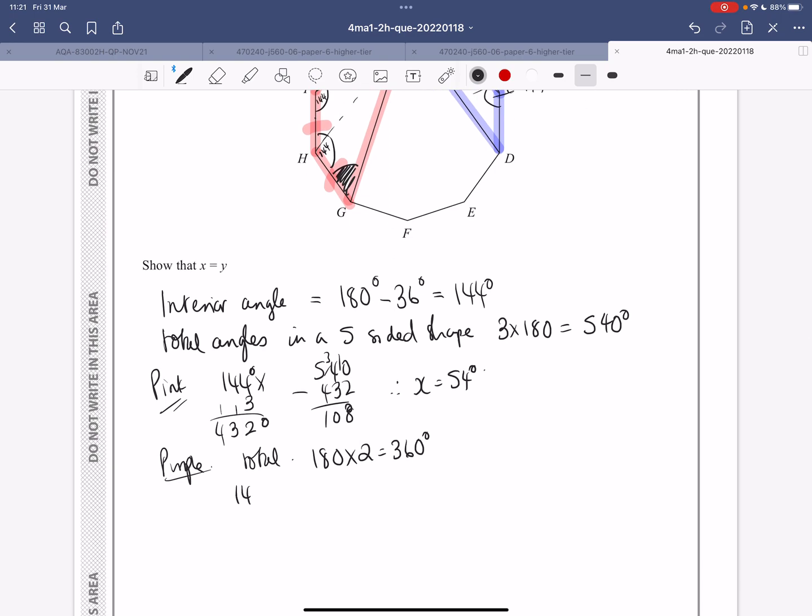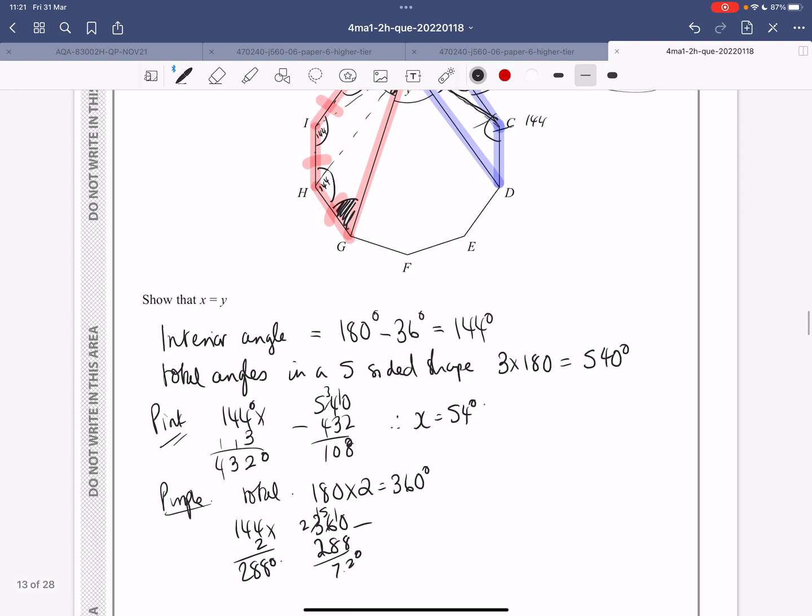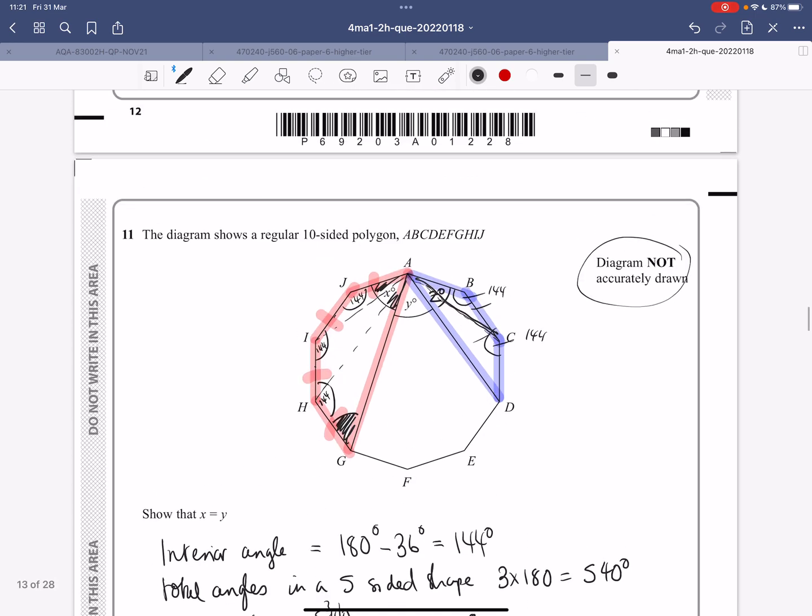And then we've got 144 times 2, which is 288 degrees. So 360 take away 288 is 72 degrees. And because of the symmetry, Z is 36 degrees.